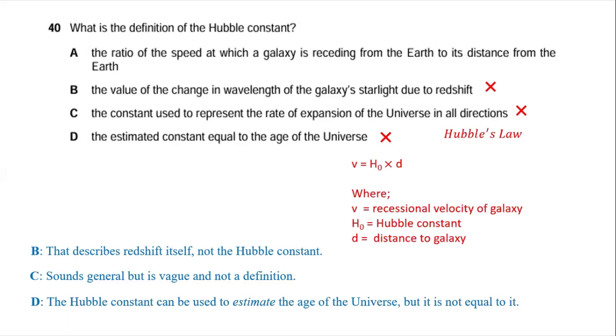Hubble's law is V = H0 × d, where V is the recessional velocity of the galaxy, that is the going-away velocity of the galaxy, H0 is the Hubble constant, and d is the distance to the galaxy. When we rearrange, we can see H0 = V/d, that means recessional velocity of the galaxy divided by distance to the galaxy. So that is the ratio of the speed at which the galaxy is receding from Earth to its distance from the Earth. So the answer is A.